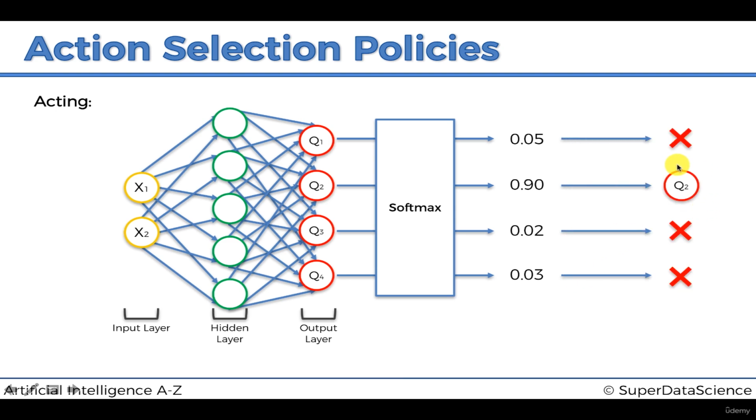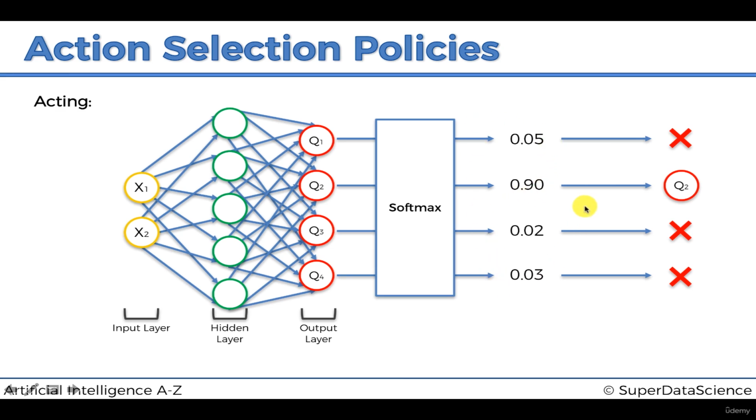But if you look at it closely, this isn't a strict 100%, and these are not strict 0%. So this is a 5%, 2%, 3%. The most natural way to apply the softmax in order to preserve exploration in the algorithm is to use these exact probabilities as how often we're going to be taking that action.